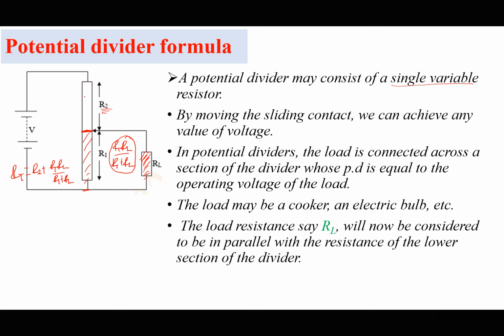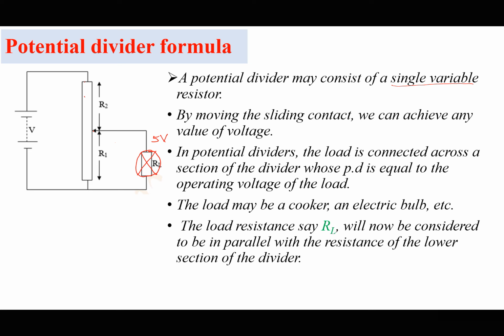Do not forget that this is going to act as a potential divider, and I said if, for example, I have a lamp connected here where we have our load, and this lamp is only going to light when the PD across it is 5 volts.